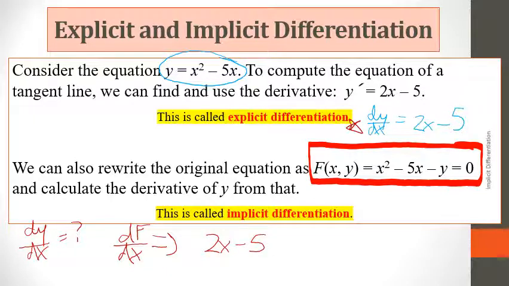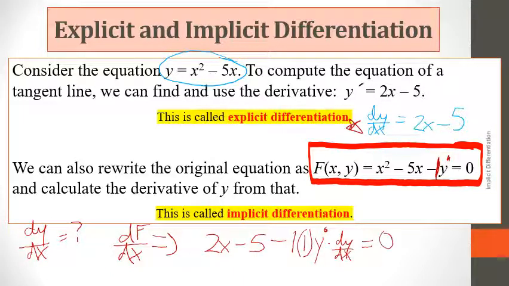But now we come up on this minus y situation. Well, that's technically minus 1 y to the first. So we bring down our constant of 1. We bring down our power. Our new power is y to the 0. And then we need the derivative of y with respect to x.